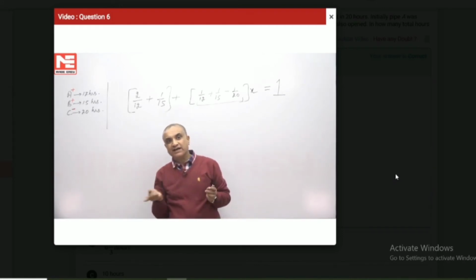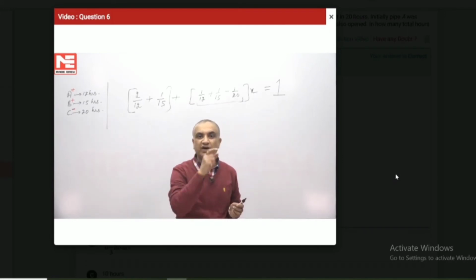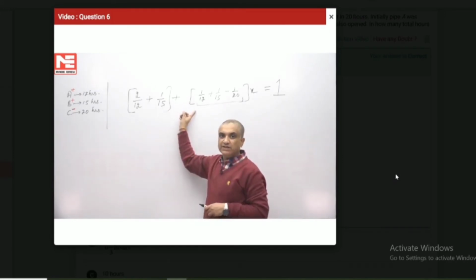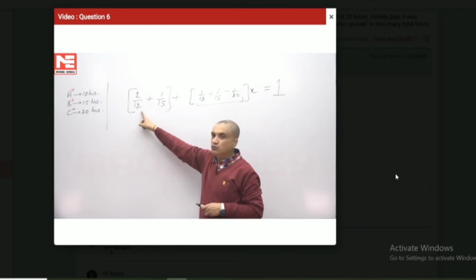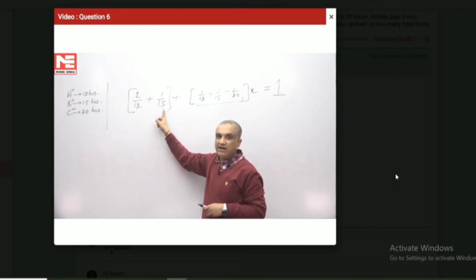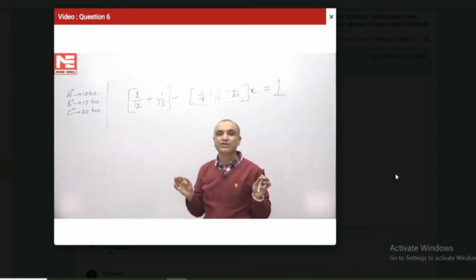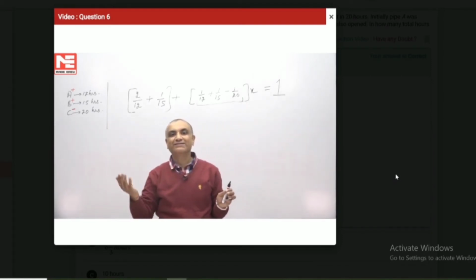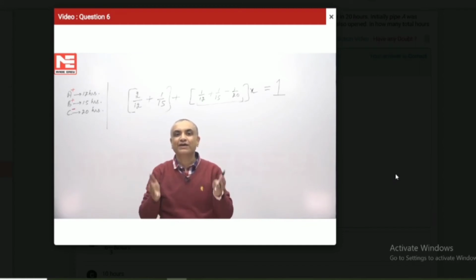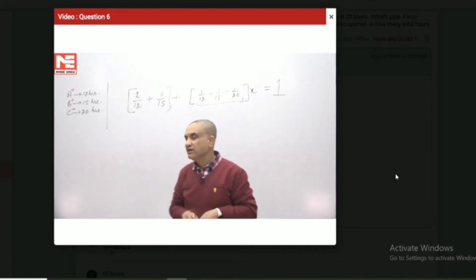Before C started, A was already in operation for 2 hours and B for 1 hour, and then C started. And then A, B, C, all three are in operation continuously for X hours. After C started, all three were in operation for X hours.